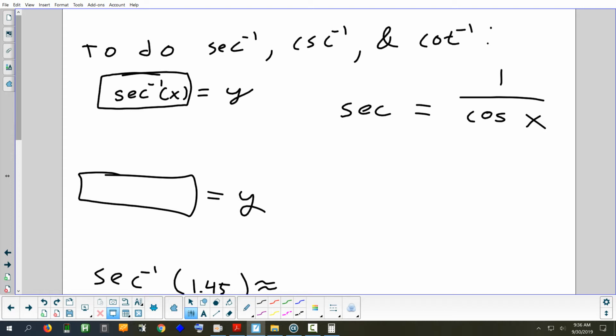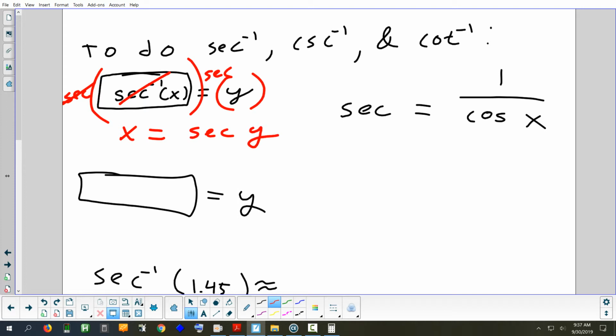So, if I take the regular secant of everything on the left and the regular secant of everything on the right, it's just like taking the square root of each side, right? Except this is not square root, this is secant. Those cancel out. And now I have x equals secant y. So remember, when I'm done, I want to get y by itself again, but a little bit different formula.